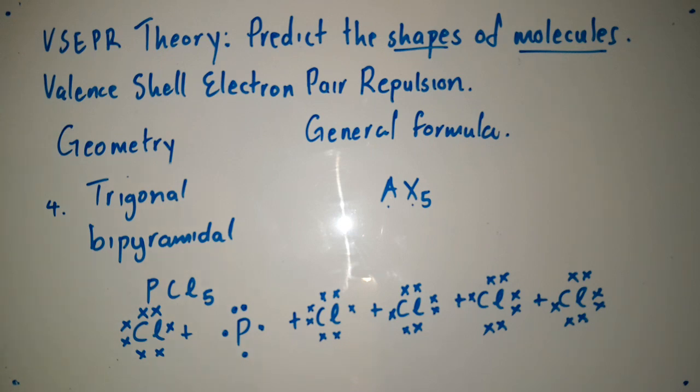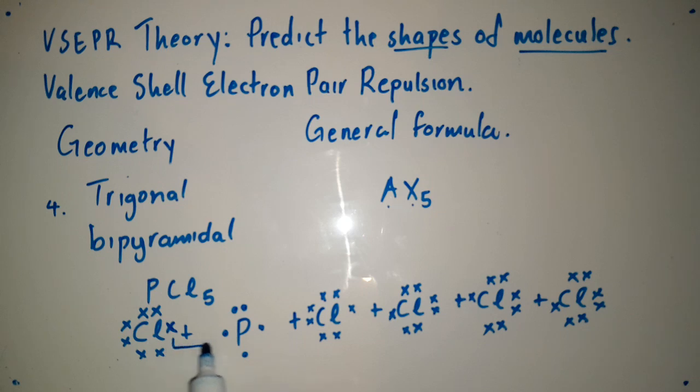One thing that you just need to know about phosphorus is that it's an exception. All of its valence electrons have that ability to bond. That means phosphorus is going to use all of its valence electrons to pair with each and every valence electron of chlorine.